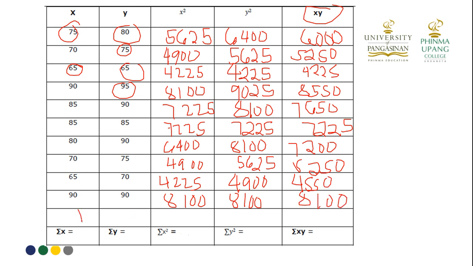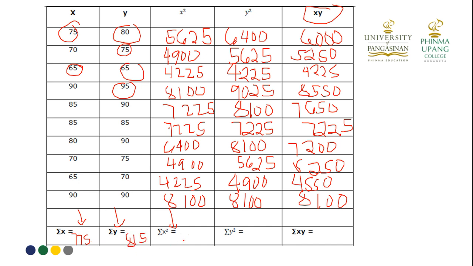Compute nyo na yung summation of x, summation ng y, summation ng x squared. What is summation of x? I-chat nyo na. Nakita ko na 775. How about yung y? What is the summation of y? 815.